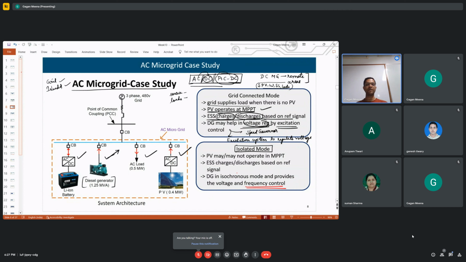So it has to maintain voltage by excitation control and frequency by the governor control. So it will maintain voltage and frequency because here grid is not present. So voltage and frequency references are not available from the grid side. So the diesel generator has to provide that voltage and frequency reference which the PV will follow.